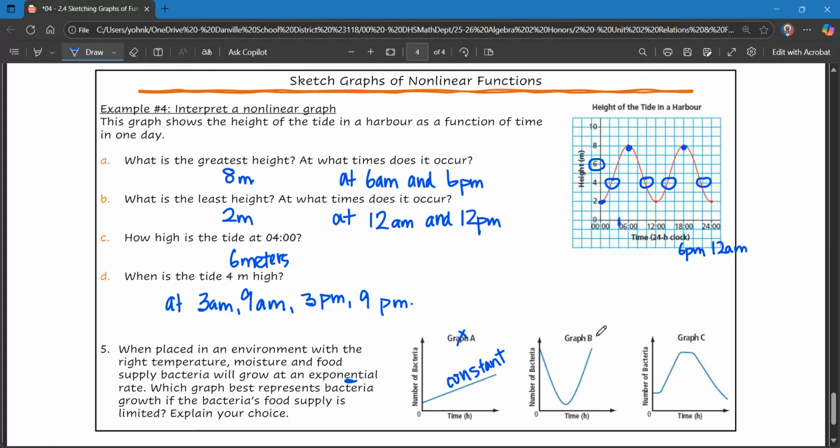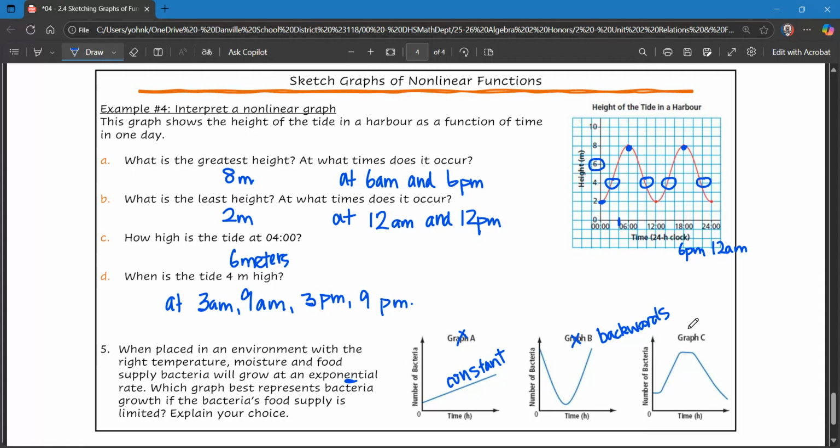Letter B is saying that as time goes on, the number of bacteria decreases and then the number of bacteria increases. But it's actually the other way around. It should increase first and then decrease. So this one is out because it's kind of backwards.